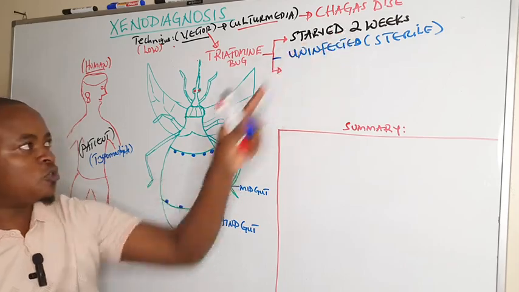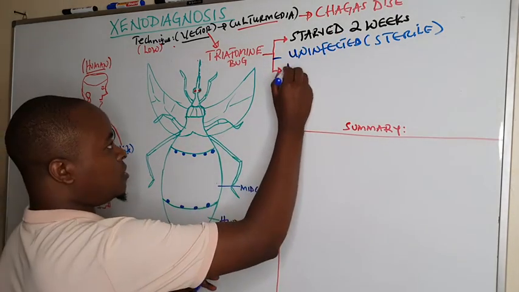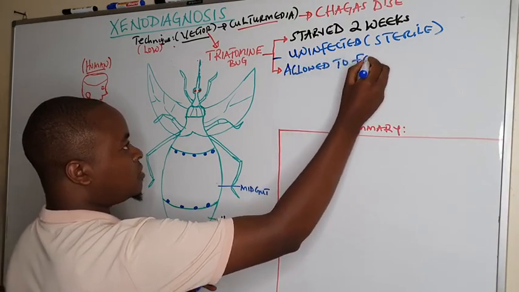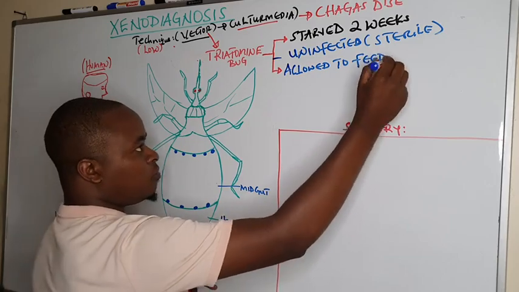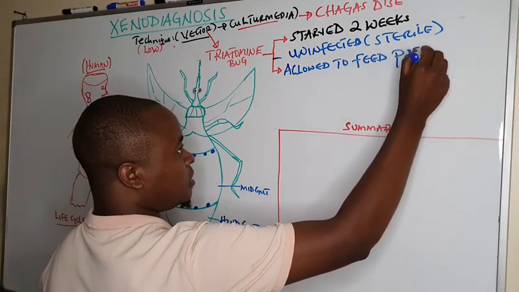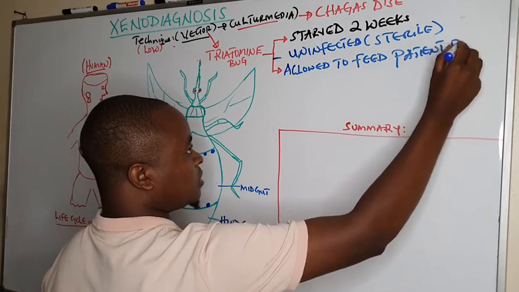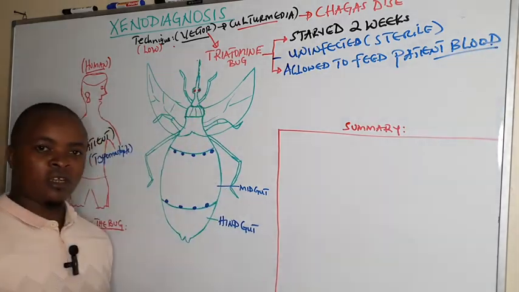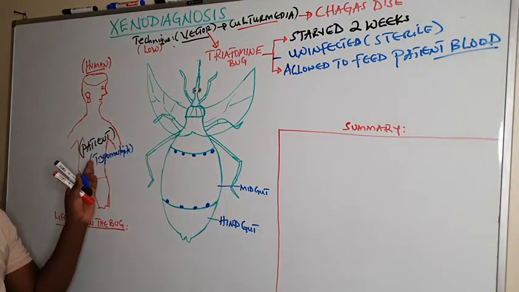After starving for 2 weeks, we allow it to feed on the patient's blood. This is a patient you suspect to have Chagas disease, with trypomastigotes within his blood.